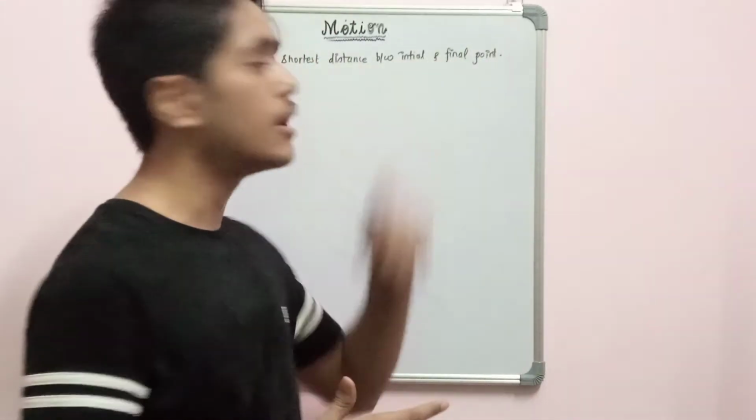I have covered some length of 5 meters. But displacement says that I have covered 5 meters towards the east direction. So that signifies the direction. Wherever distance and direction are added, we get displacement.